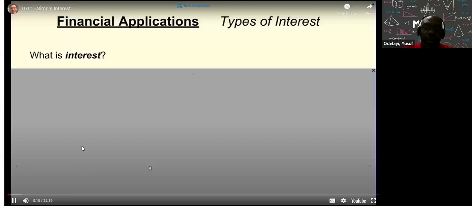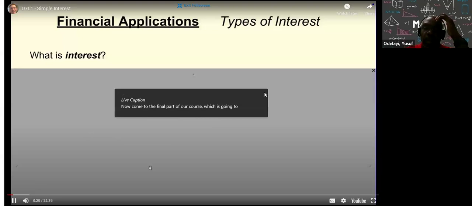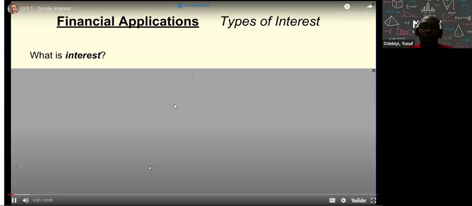We've now come to the final part of our course, which is going to deal with financial applications. In this part of the course, we're going to discuss such topics as interest, and the different types of interest that exist. We'll also talk about something called annuities.